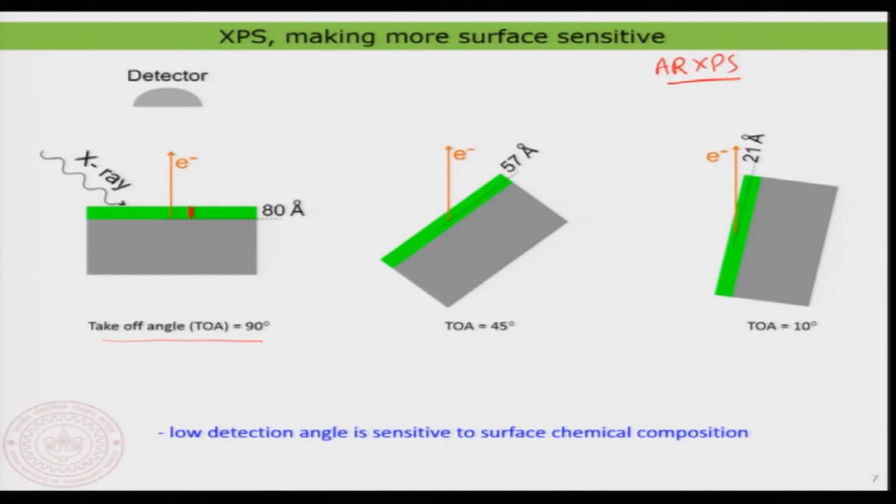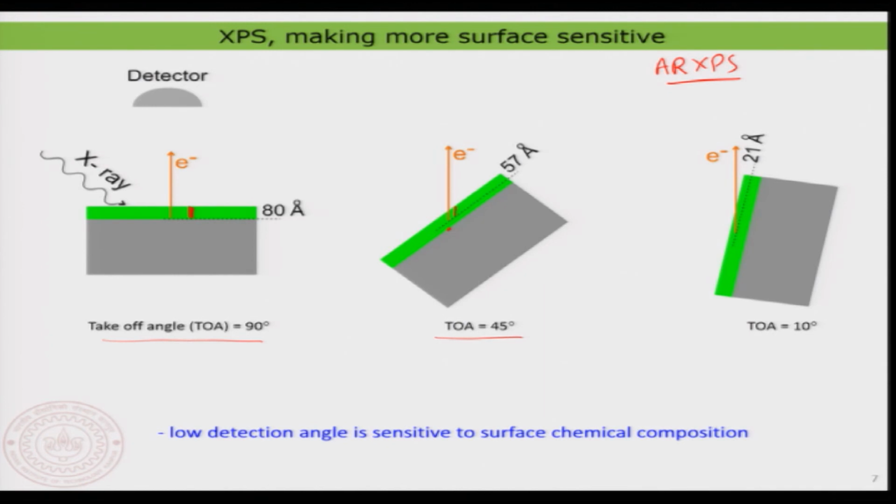But the moment I tilt the sample, say I do an experiment at a takeoff angle of 45 degree, the length that the electron travels is still the same as previously, but the electrons that start from deeper in this part do not escape the surface.